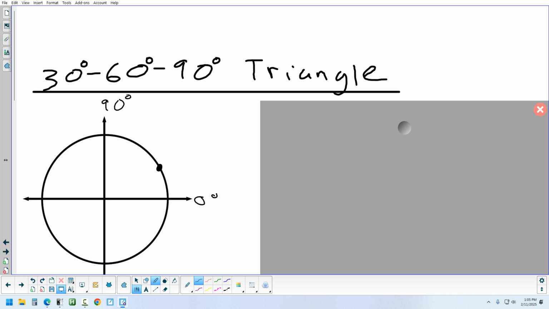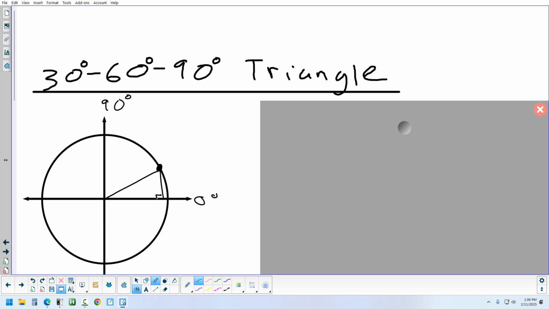Well, the whole quadrant is 90. 30 is how much of 90? A third of it. So try to put the dot a third of the way through the quadrant. Maybe something like that. All right.